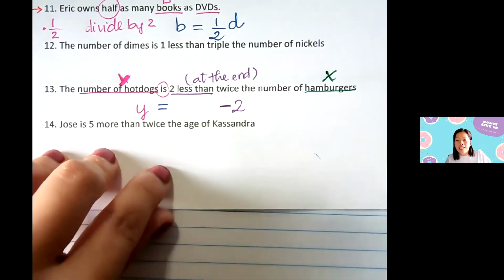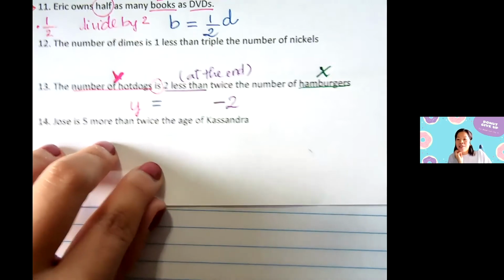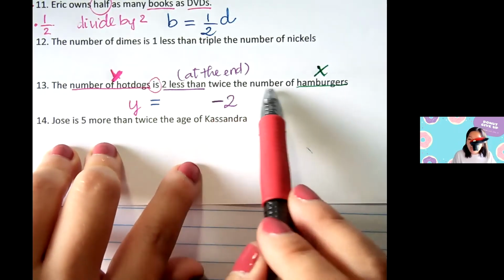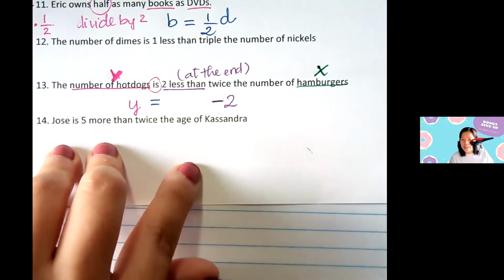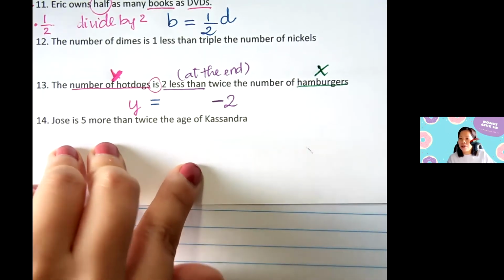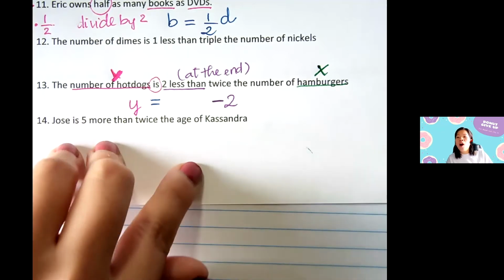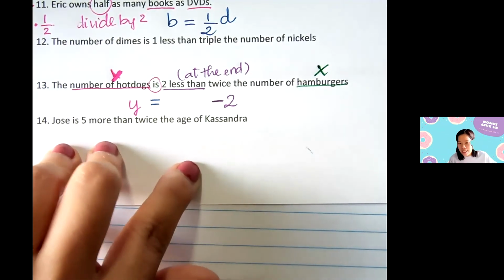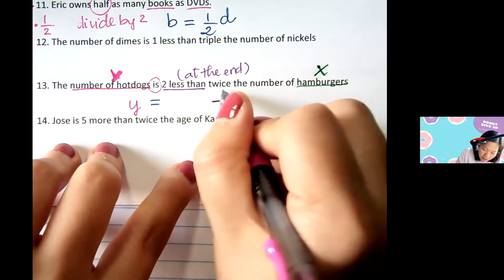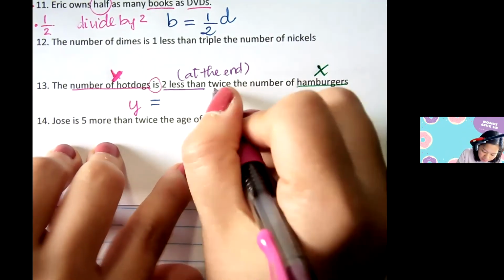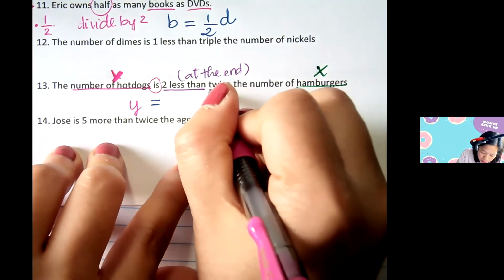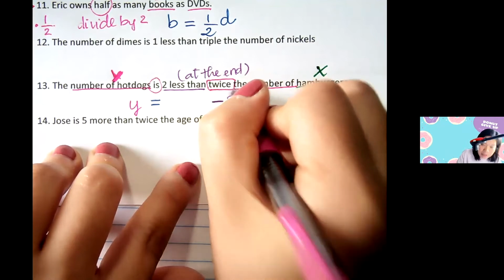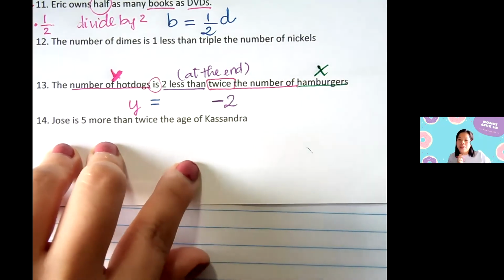That's what it means. And then here, let's read the last one. It says, twice the number of hamburgers. Okay, Mr. Akakwas, back to you, please. What does twice the number of hamburgers mean?